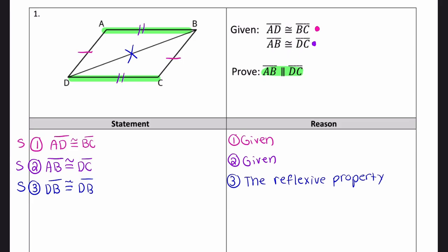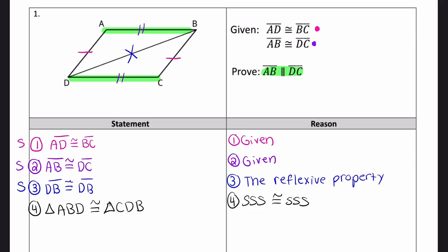And now I can say, all right, I know that triangle ABD is congruent to triangle CDB. And the reason for that is side, side, side is congruent to side, side, side. So whenever I can get the triangles, I should get the triangles. Now I have everything I need.